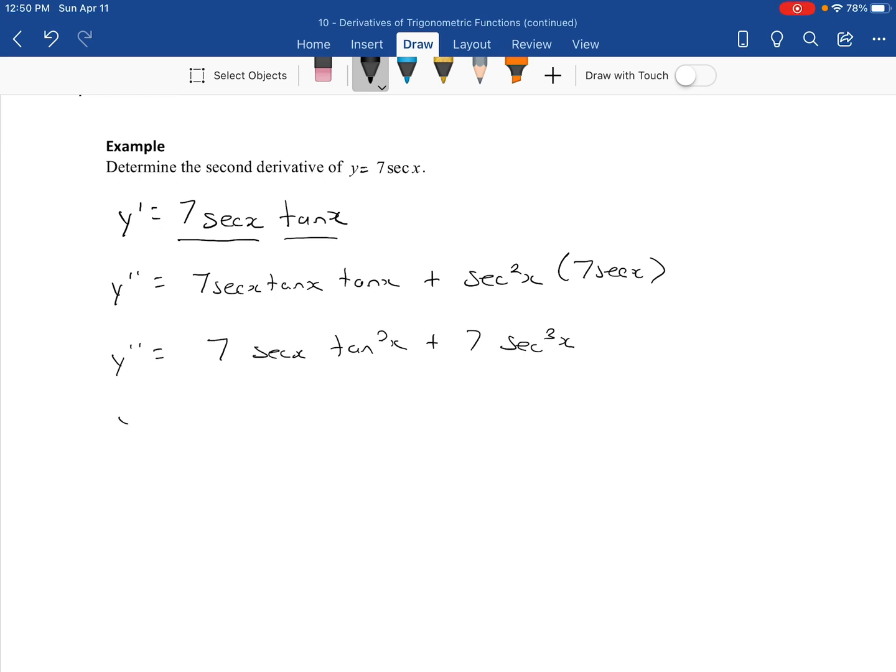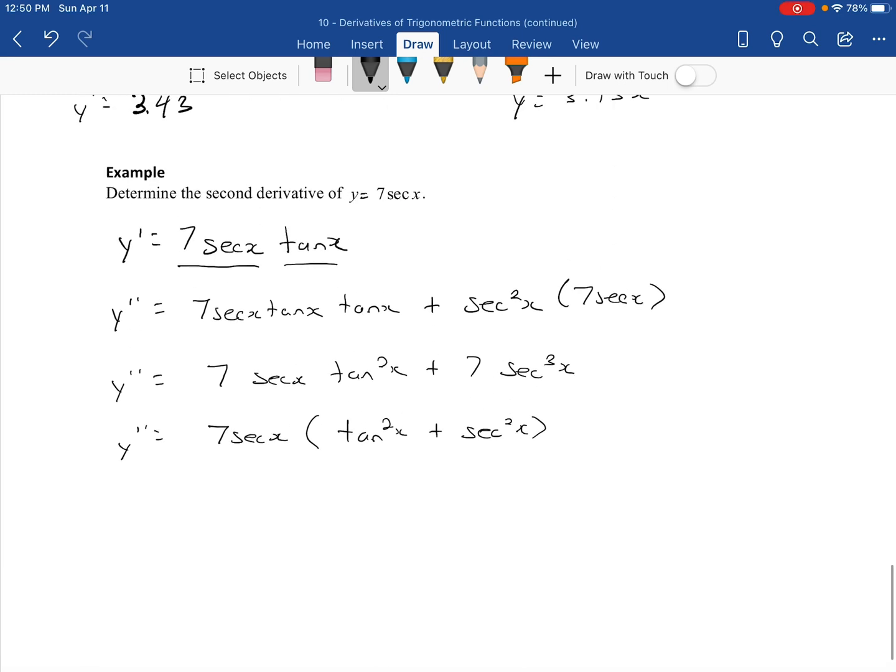I could switch over using common factoring and factor out a 7 secant x here. The first bracket would be tan squared, and the second term would be secant squared. That could be enough there. You could keep it like that. But tan and secant are related. Let me go over here and do a little thinking about trig identities.